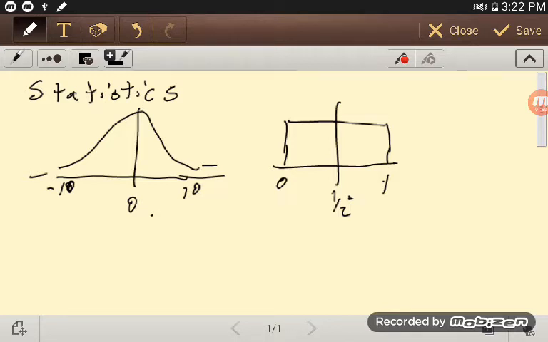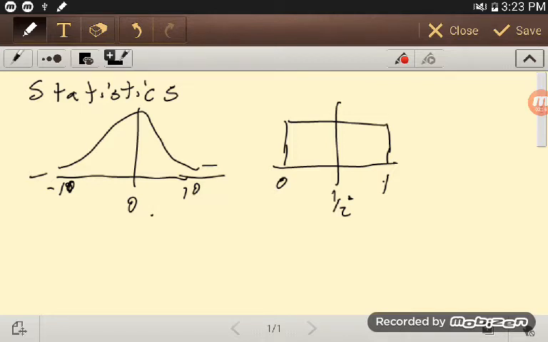So if I could give you some numbers for the center of the distribution and how wide or narrow it is, that would tell us a little bit about the population and the distribution.